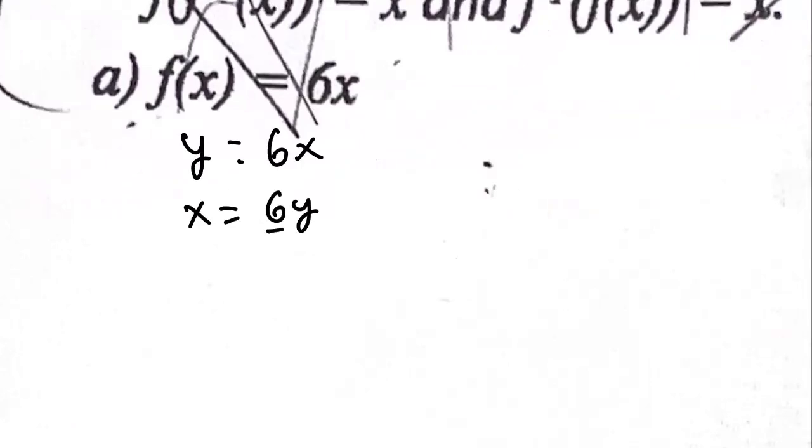Solve for y, divide by 6. So y is equal to x divided by 6. So going back to the original problem, f inverse of x is equal to x over 6. So we're gonna rewrite the y as f inverse of x.